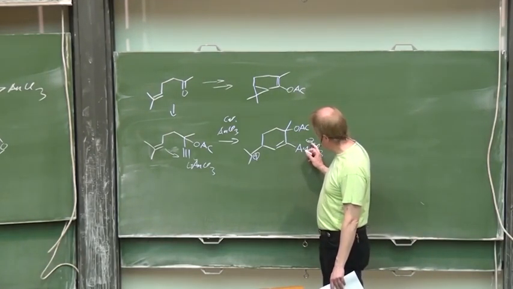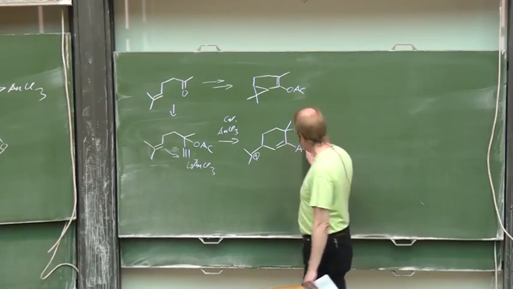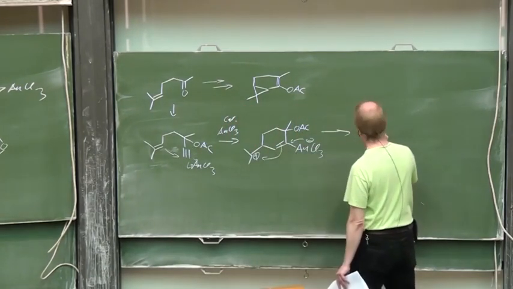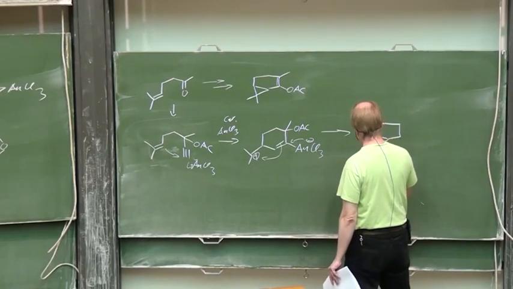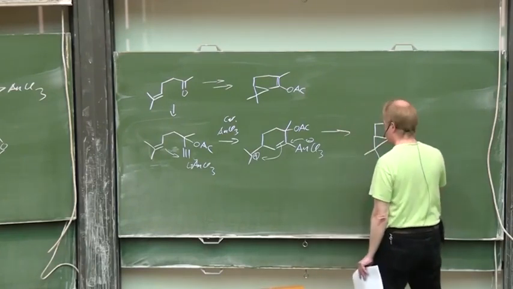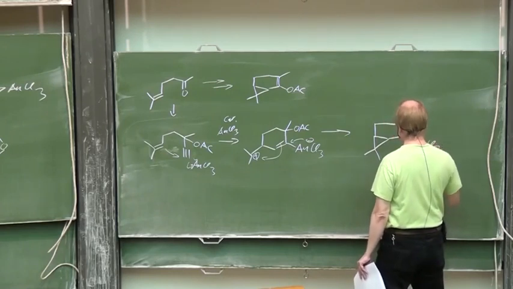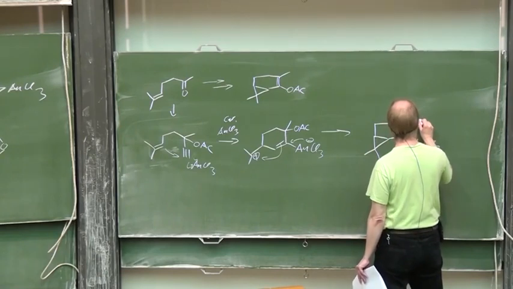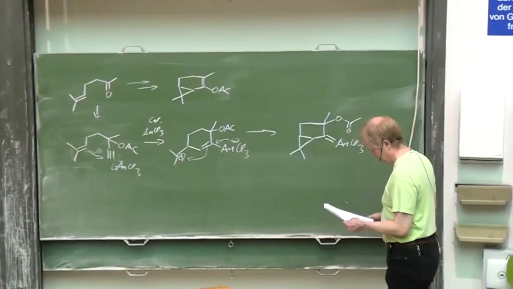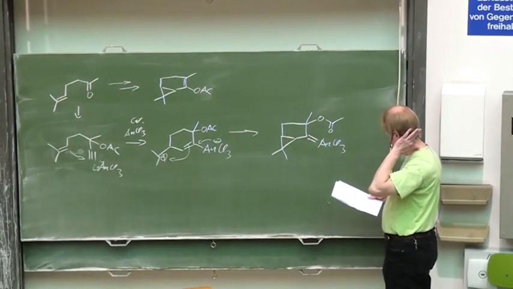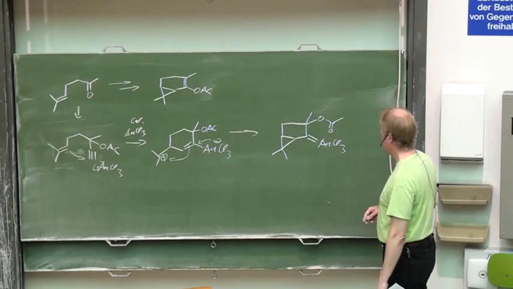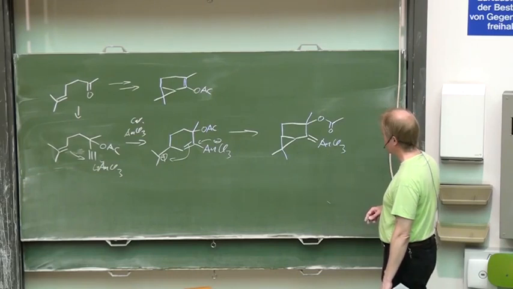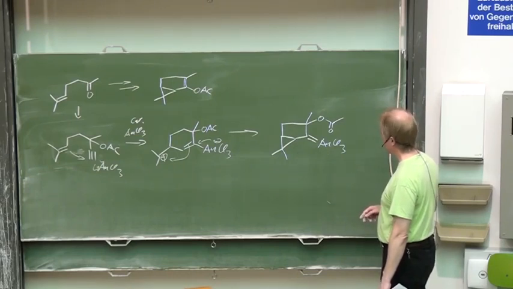So the orate delivers the electron density and again we have a carbene complex. So, and now the rearrangement is rather easy to figure out.